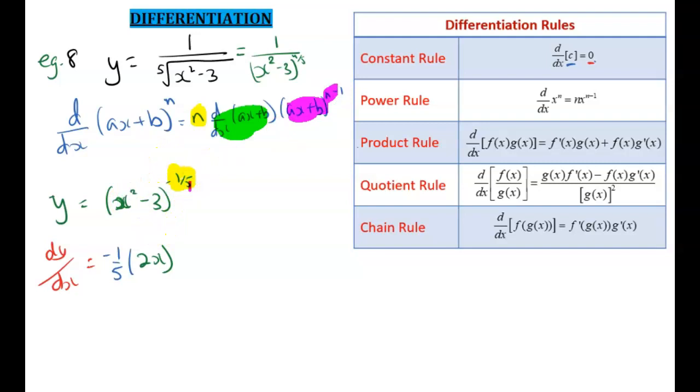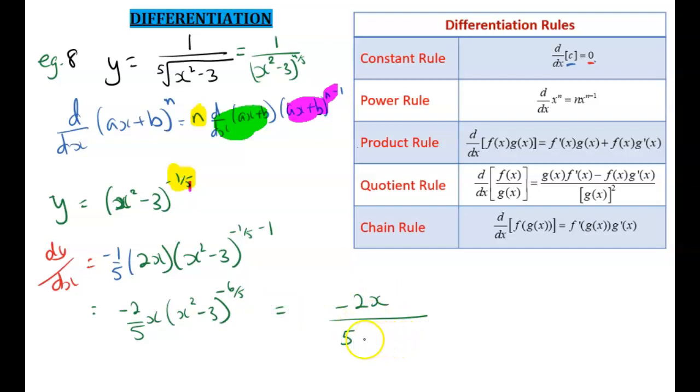I will get x squared minus 3 raised to the power of minus 1/5 minus 1. Now simplifying this, I'll get minus 2/5 x times x squared minus 3 raised to the power of minus 6 on 5, which again will end up being x squared minus 3 raised to the power of 6, with a 6 here and a small 5 here.